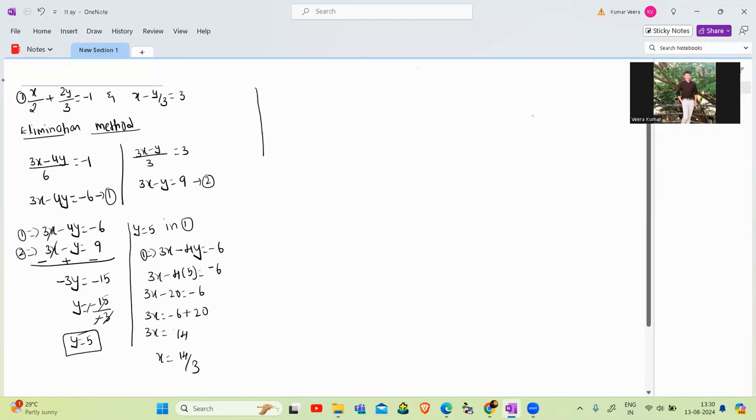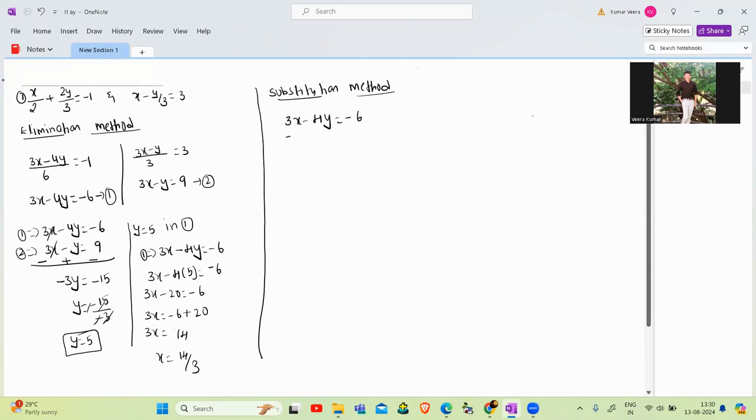Next, we go with the substitution method. Whatever the method is, you should get the same answer. That is the main criterion here. Substitution method: take the first equation, 3x minus 4y is equal to minus 6. Here you have to substitute.